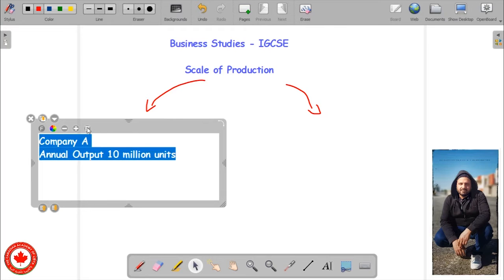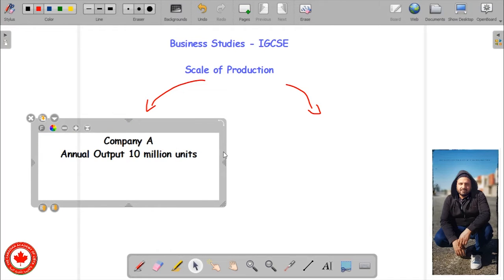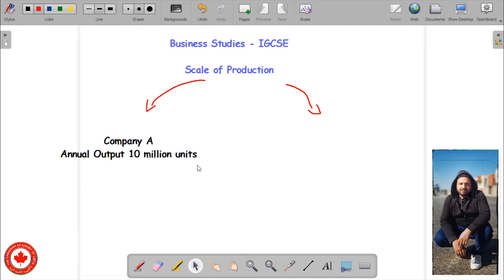This firm is making that much amount every year, producing 10 million units, and it costs company A, which is considered a little bit larger, per unit, cost per unit, for an example, 40 cents.